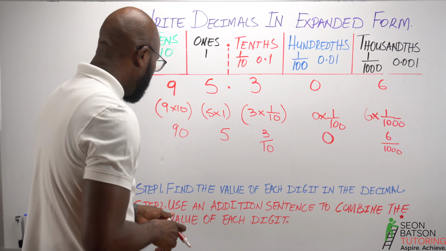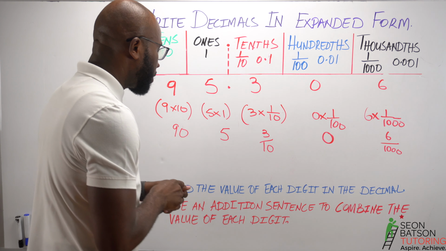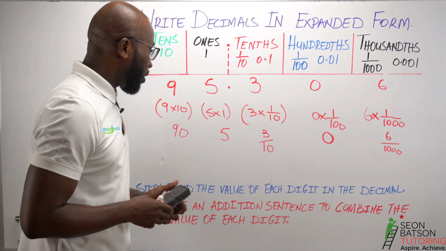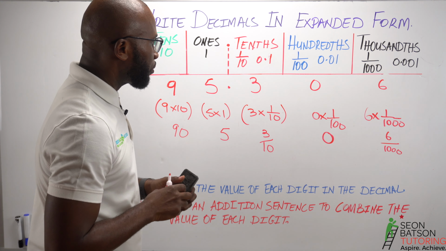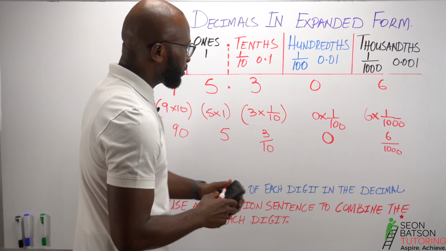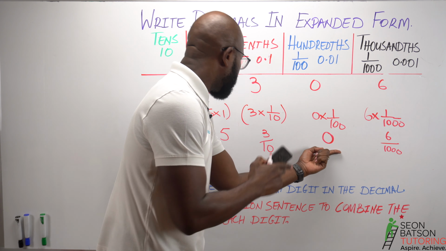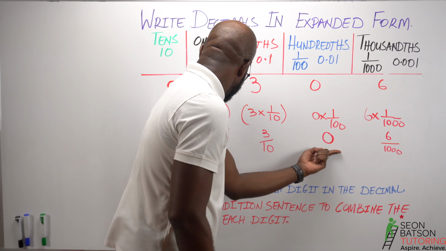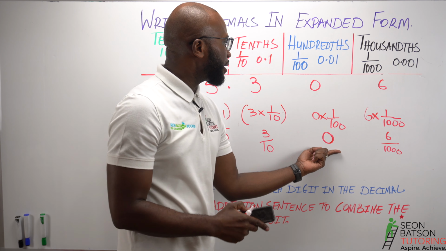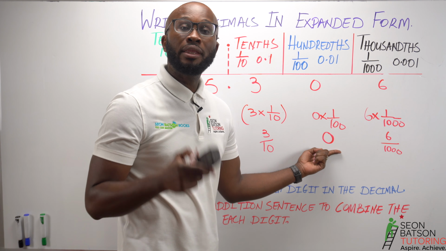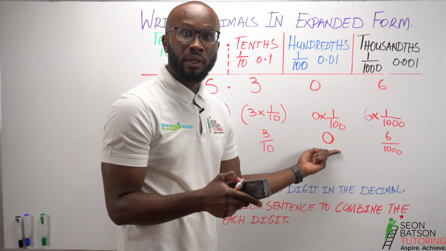Now, so we have successfully found the value of each digit in the decimal. So now, step 2, we will use an addition sentence to combine or show the value of each digit. Now, here is the rule. Whenever you have a 0, or whenever there's a number or a digit in the decimal that has 0 value, we will not include that 0 in our expanded form. Yes?